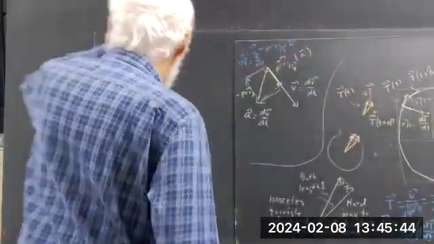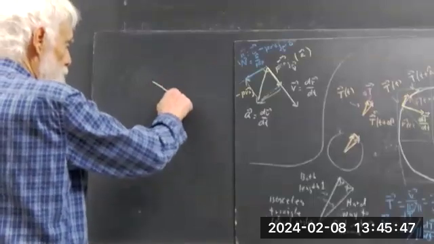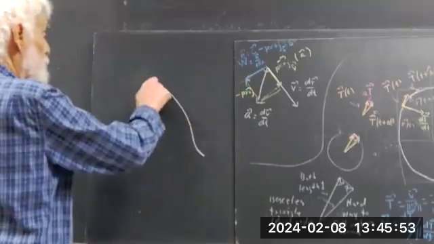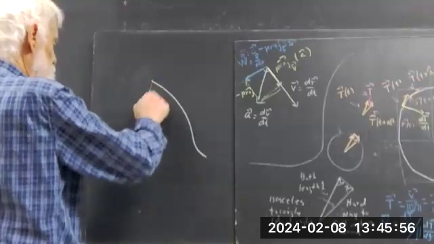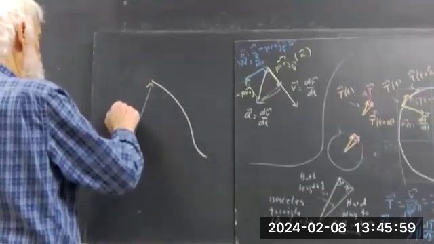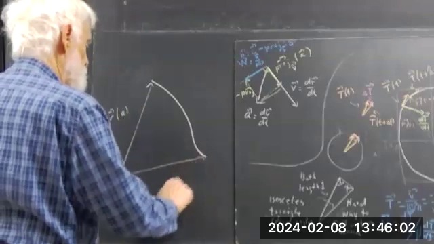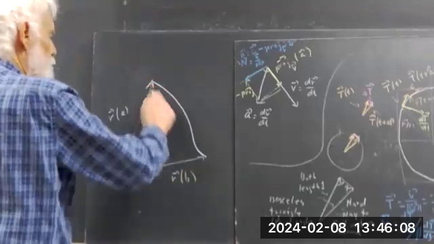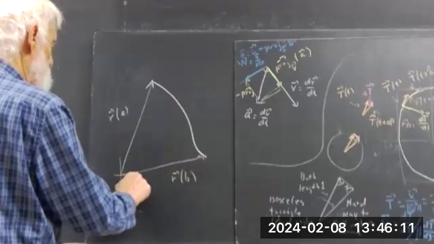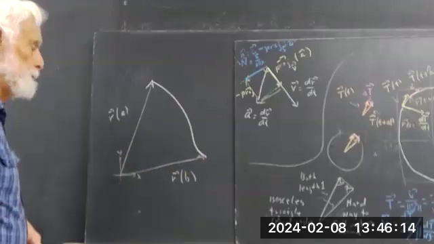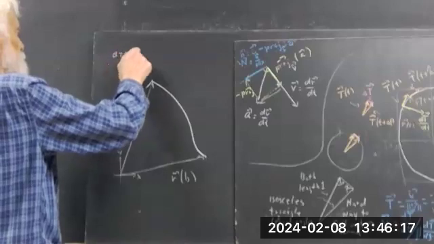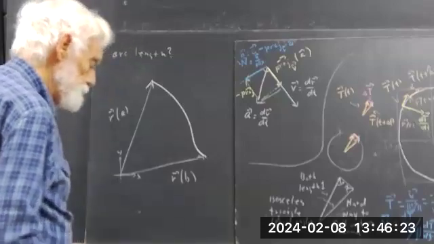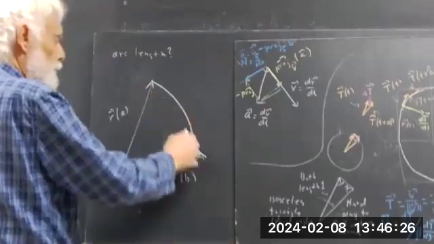So in general, about a curve that looks like this, from r of a to r of b, in order to determine the arc length, you have to do an integral.